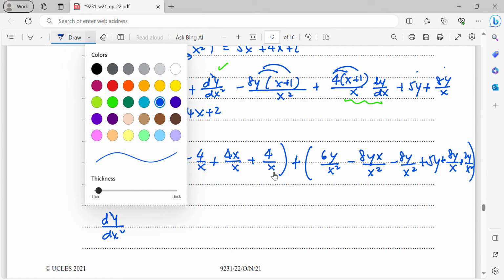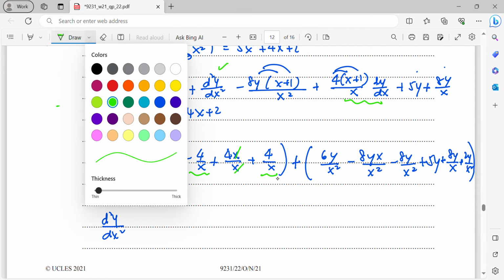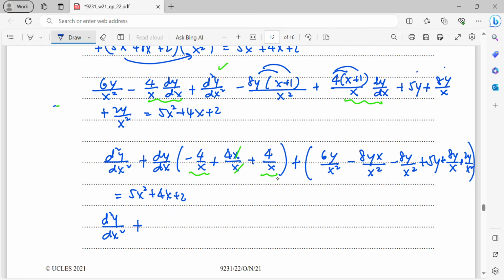So now when you look at the bracket, these two terms will be 0. The x will be cancelled off, so I just get 4. Alright, so now for the next bracket, the x cancel off, so means that these two terms will be 0.